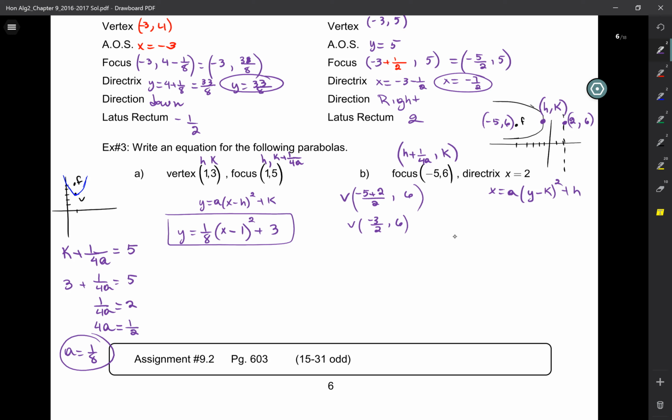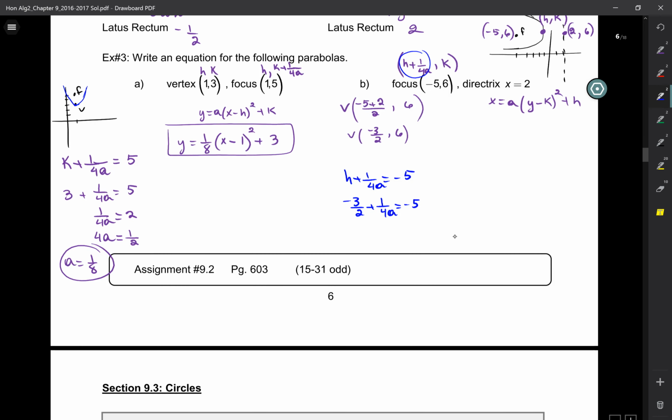So how do I find a then? So from here, the focus is at h plus 1 over 4a, and that's at negative 5. Okay? So what's h? Negative 3 over 2 plus 1 over 4a is negative 5. So let's find 4a. 1 over 4a is negative 5 plus 1.5.